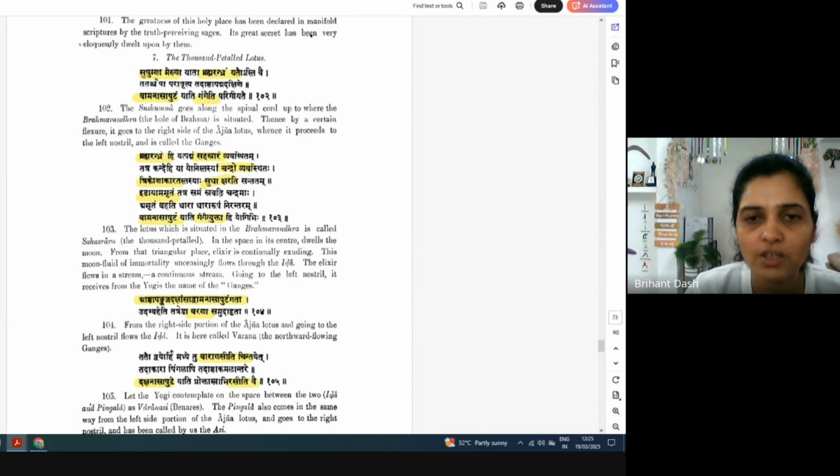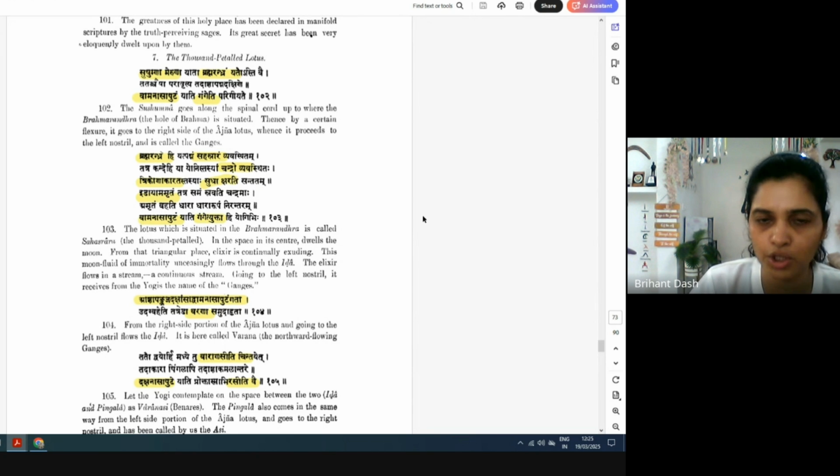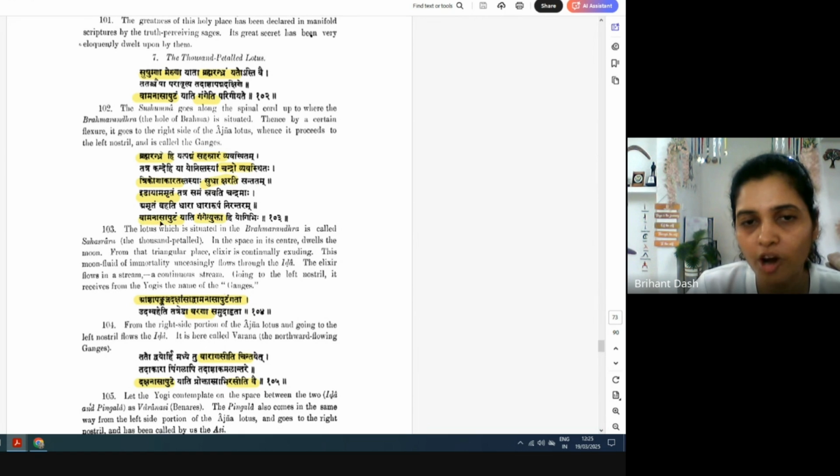Tatra Sam Satvi Chandrama. From this Chandra, through Ida, that Amrit flows. Amrit Vahati Dhara, and it flows in a continuous motion. Vama Nasaputi, Vam is your left. Here lies the Ganga. So Ganga is given for your Ida, and its synonym Varna is also given. You need to mention both points, Ganga and Varna, for Ida.